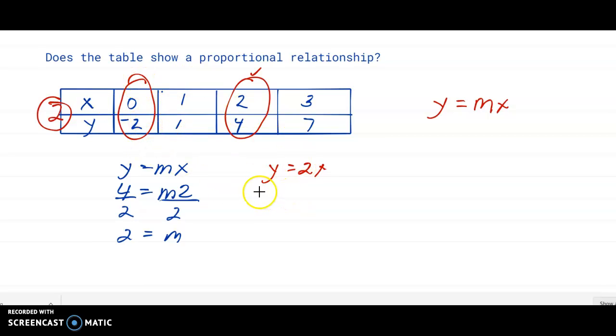So if y is -2, then -2 equals 2 times x, which is 0, so -2 equals 0. This is not correct, so this does not work. I can stop right now. This is not a proportional relationship because this number does not work in this formula, so this is not proportional.